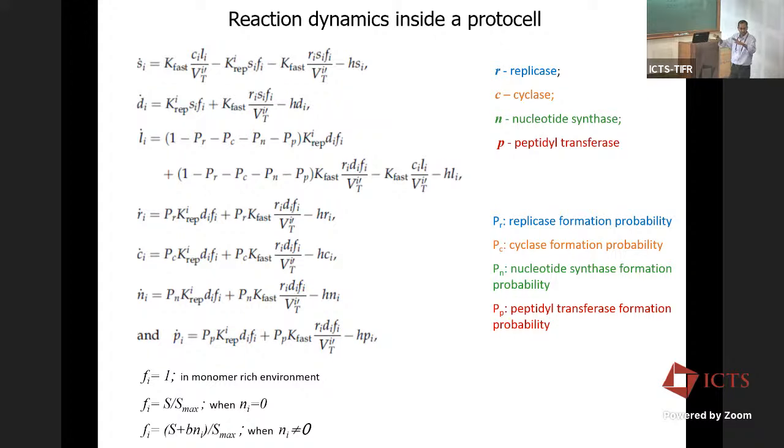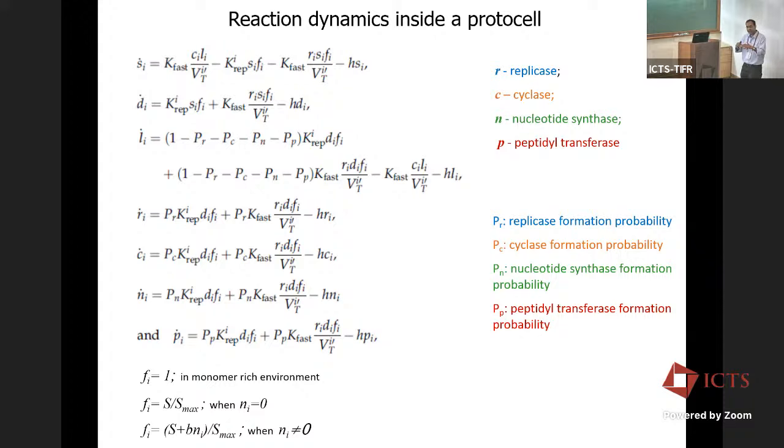So a competition between these processes leads to changes in the numbers of these different types of chemical species: single-stranded circular RNA, double-stranded circular RNA, open-ended single-stranded RNA, and these are ribozymes which are created during the process of replication.